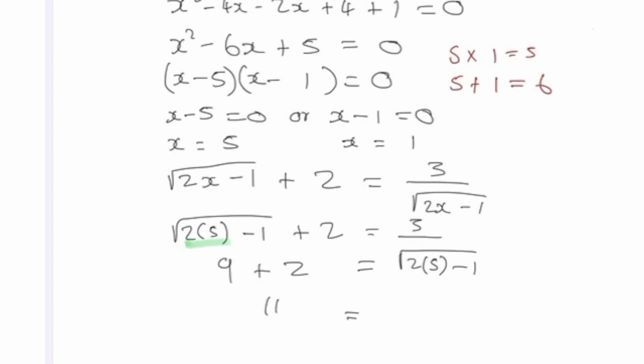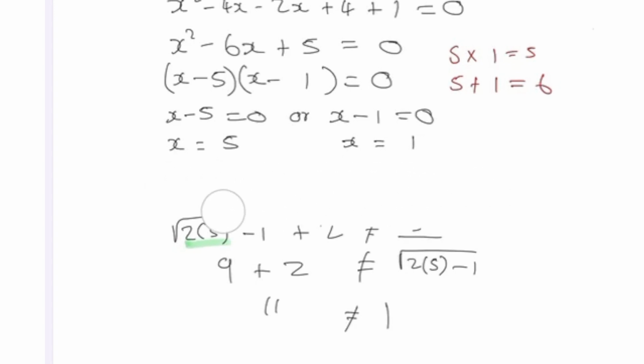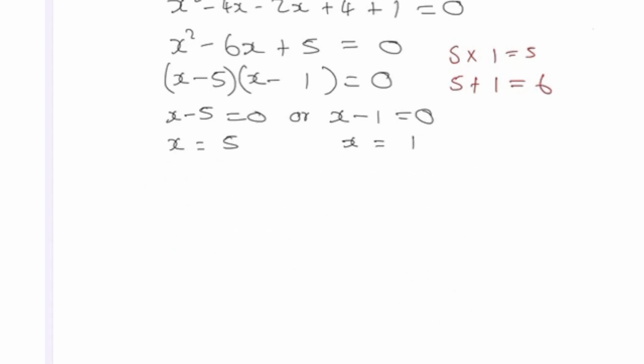Now 5 gives 9, so 3 over 3, because the square root of 9 is 3. 3 divided by 3 is just 1. So this is a contradiction. This cannot be true, and x equals 5 cannot be a proper solution for this problem. So we just reject it. We say for this one there is no solution.